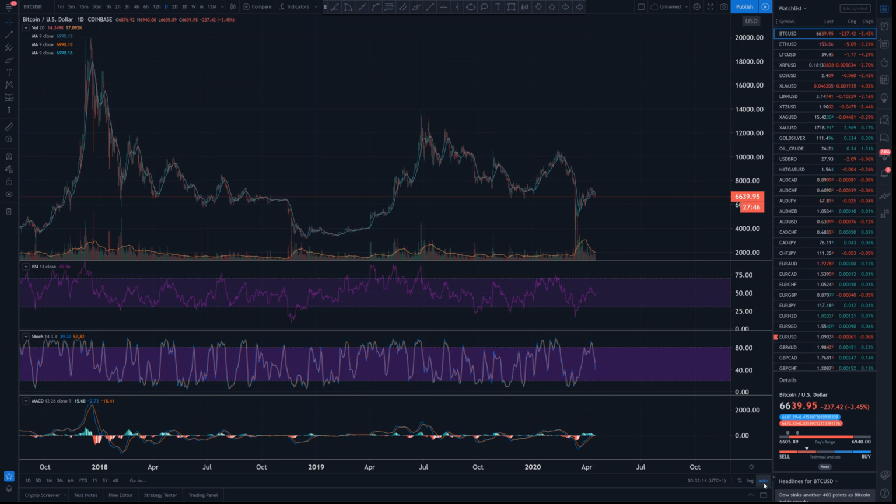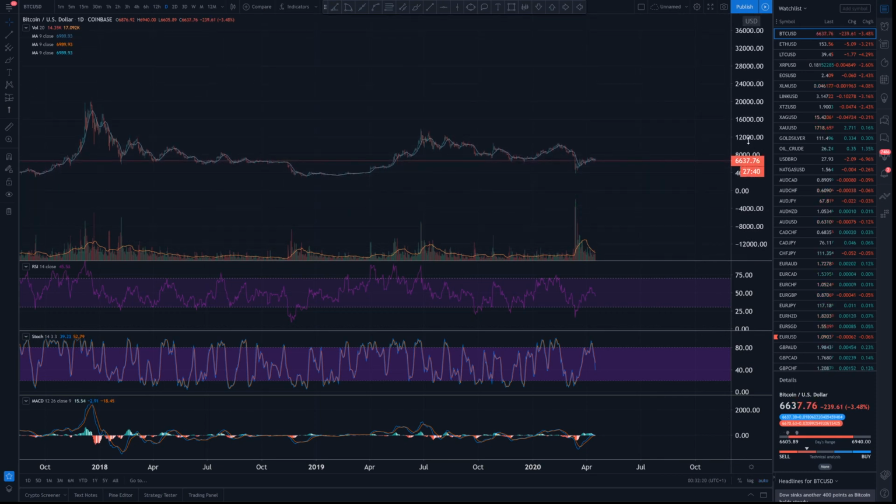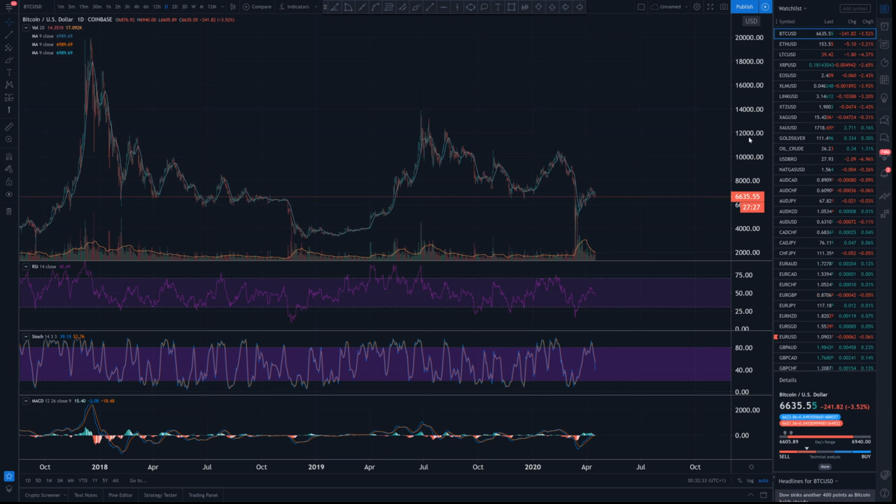You can click on auto and keep it on, or if I change the y-axis and I want to go back to a good default stretch on the screen, I can just double click the y-axis or the price, and that will take me back to default view.